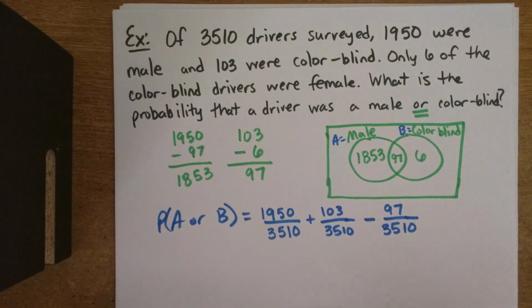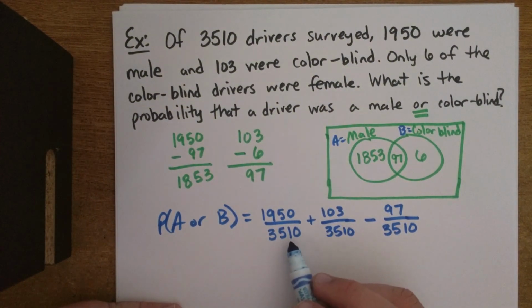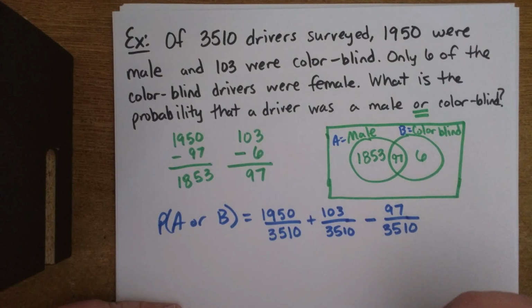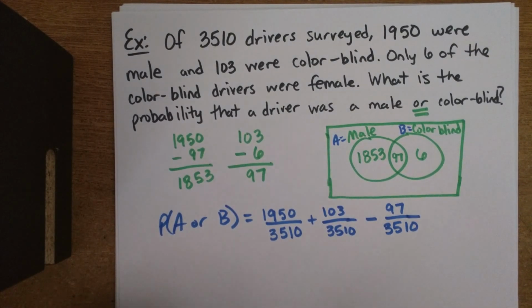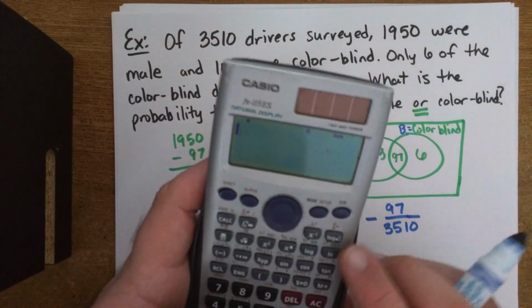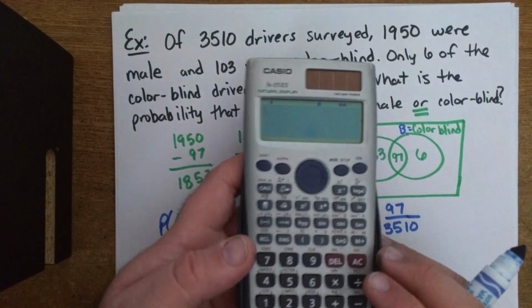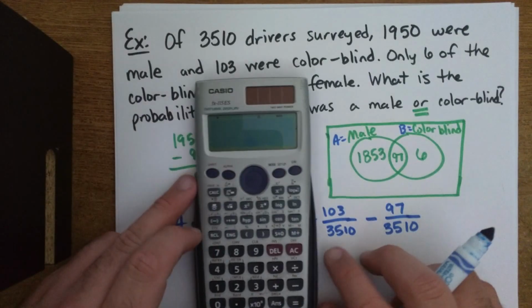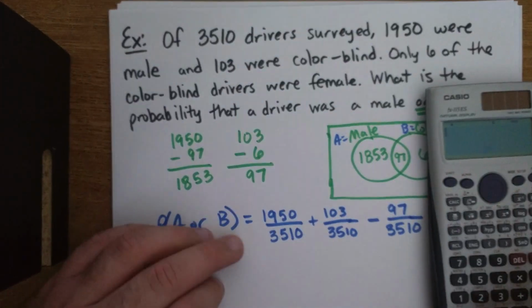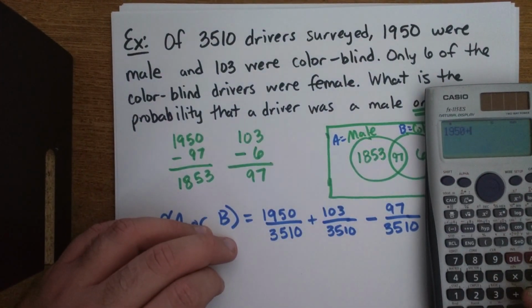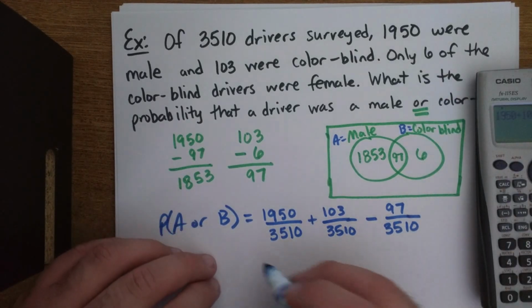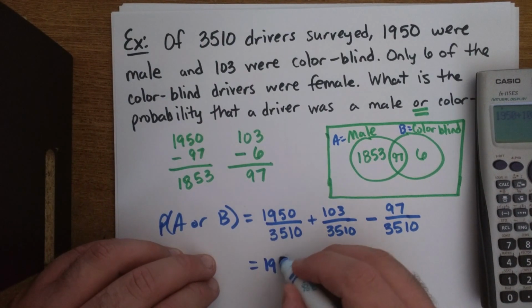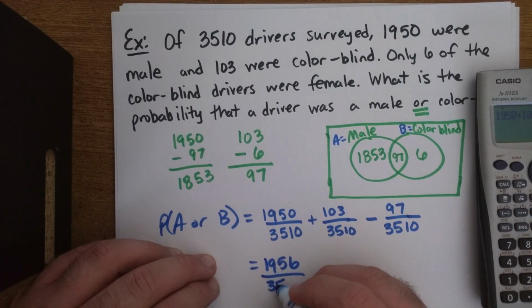So, luckily for us, because we're adding and subtracting fractions, we need a common denominator. We're lucky that we already have that. So, all we have to do really is get out a calculator. I didn't bring my graphing today, but all we have to do is add up 1950 plus 103 and subtract out 97. That gives us 1956 over 3510.